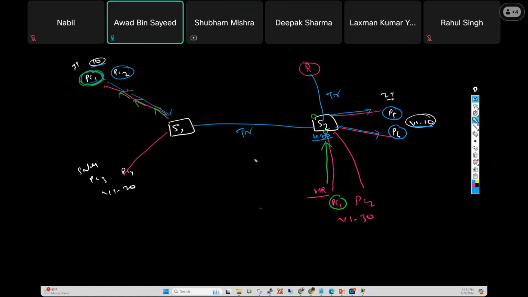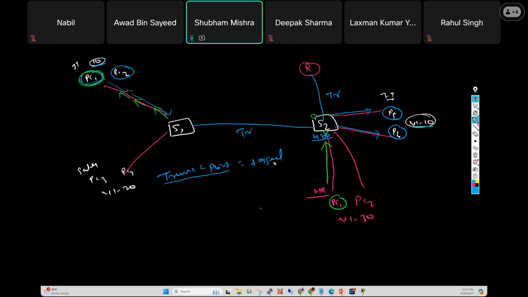In the previous class, I told you one thing: a trunk port is also known as a tagged port, and an access port is known as an untagged port. It means whenever your traffic goes through the trunk port, the VLAN ID will be tagged.